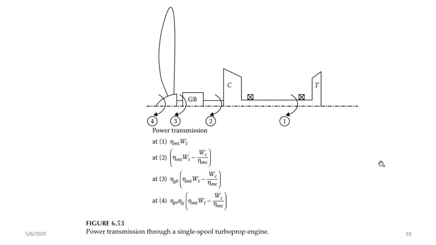And you have a gearbox efficiency. So the power available at 3 will be the mechanical efficiency of the gearbox multiplied by the power that is available at the gearbox. And this is the power that is available to drive the propeller. So the power there to drive the propeller is given by the gearbox efficiency multiplied by the propeller efficiency multiplied by this ratio.